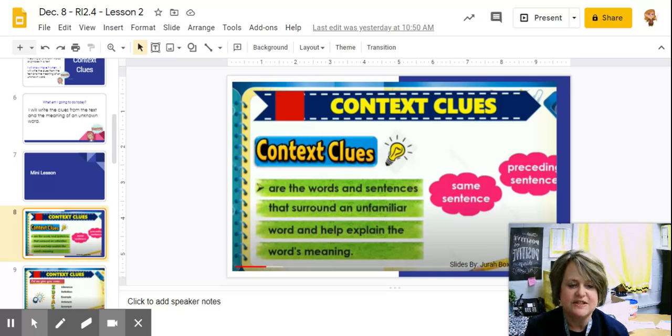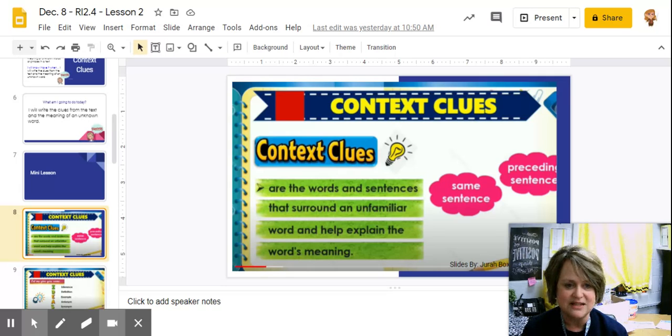Again, just to refamiliarize yourself with context clues, they are words and sentences that surround an unfamiliar word and help explain the word's meaning. You may be able to read the word, but you may not understand what it means.